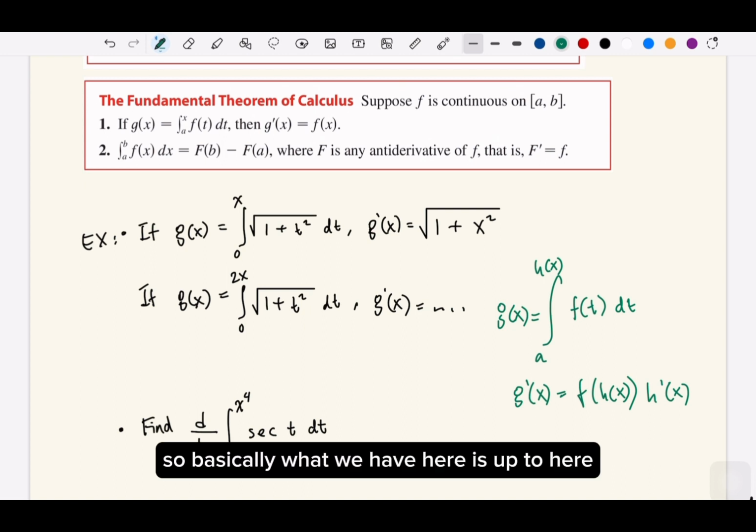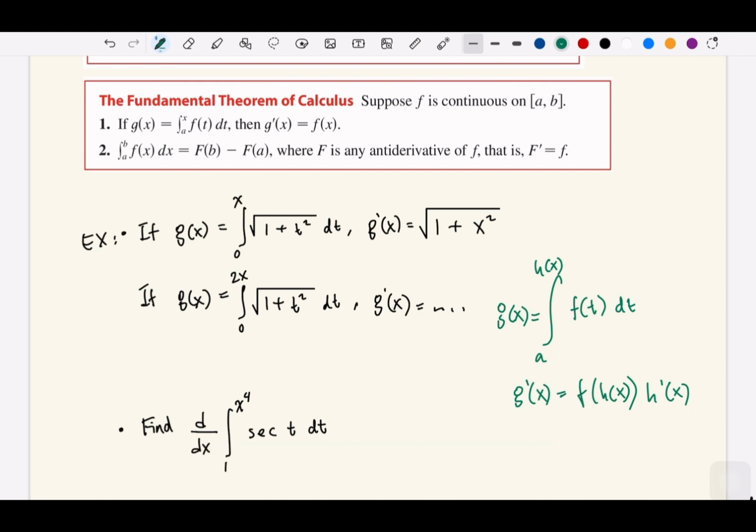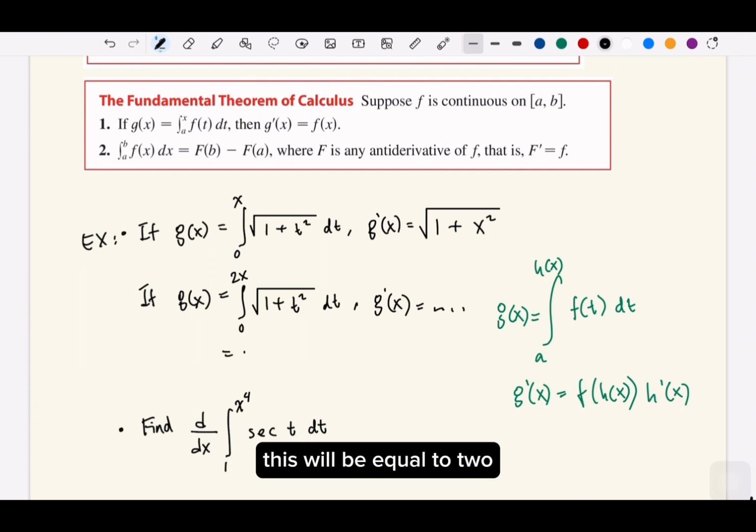So basically what we have here, substitute here, and then multiply with the chain rule. Multiply with 2. So this will be equal to 2.